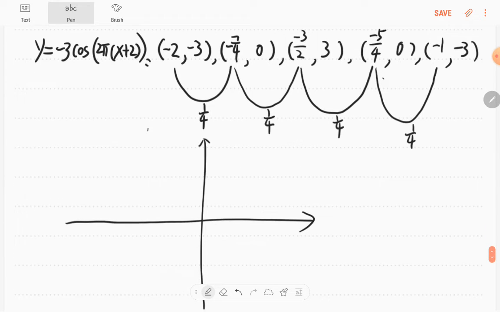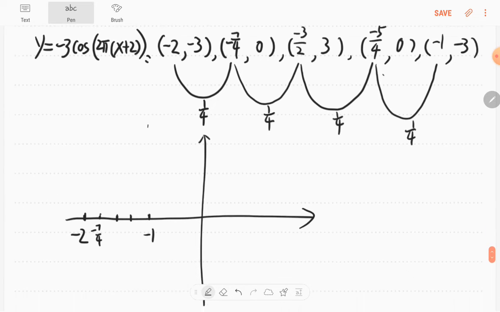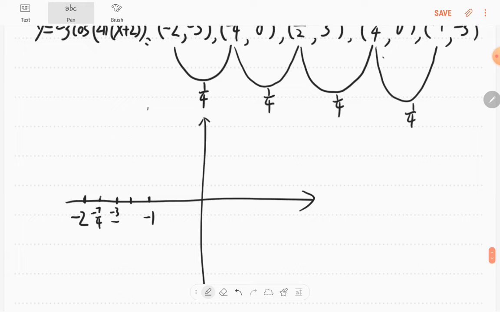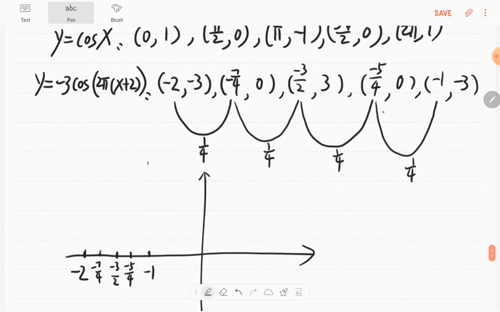So we need to locate the points. This is negative 2, this is negative 1, and here is negative 7/4, negative 3/2, and negative 5/4, then negative 1.